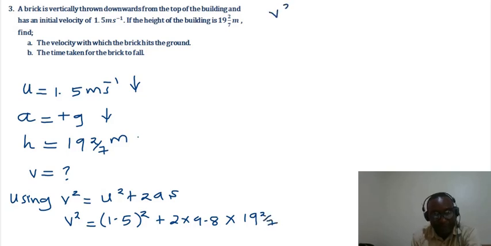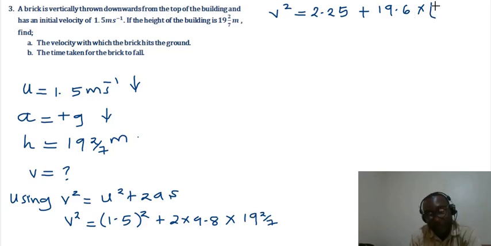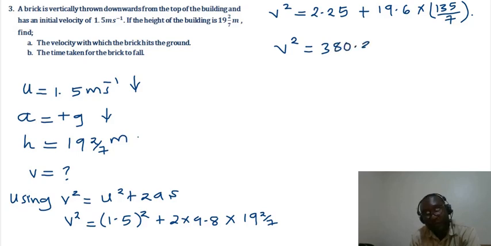So we get v squared being equal to 2.25 plus 19.6 times, let's convert this to an improper fraction, which is 135 all over 7. So on simplifying this, v squared is equal to 380.25.